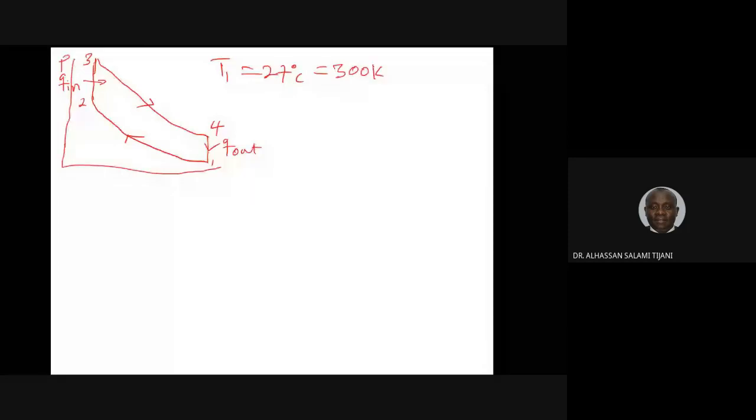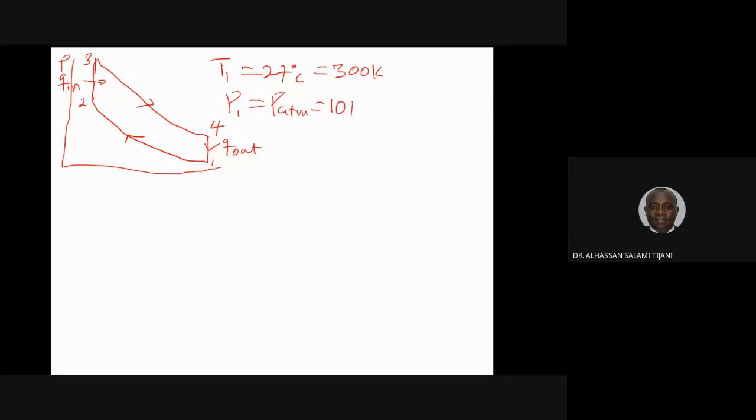And then the pressure P1 equals atmospheric pressure, which equals 101.325 kPa.